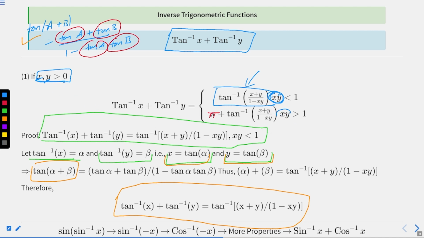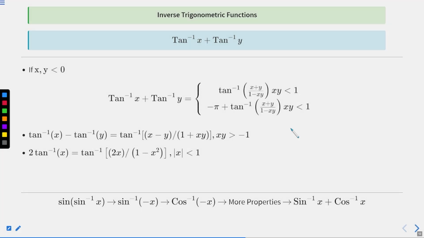And if the product is greater than 1 and individually they are greater than 0, then you will get an extra pi over here. Now in the next case, individually x and y are negative. Don't get confused. In this case, if the product is less than 1, then you will get this.